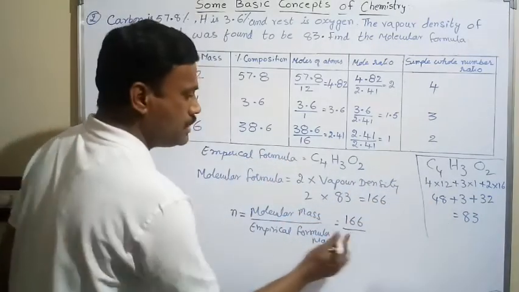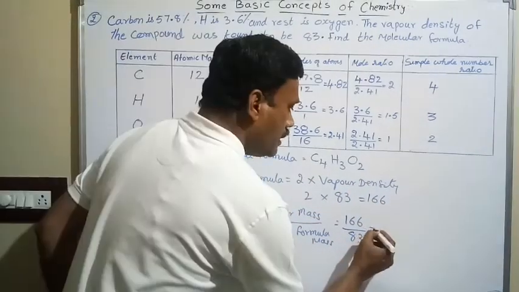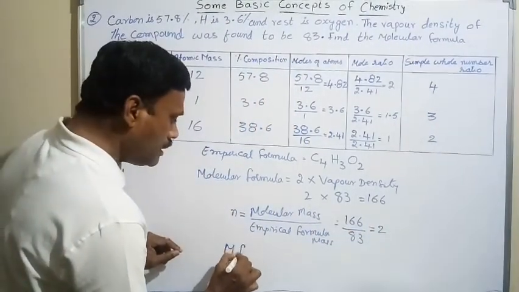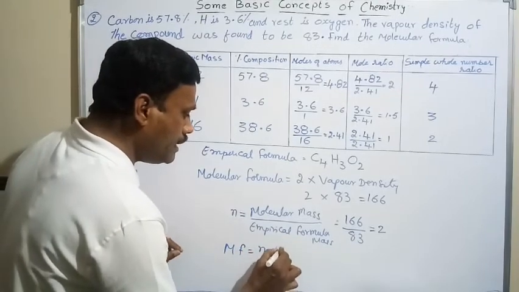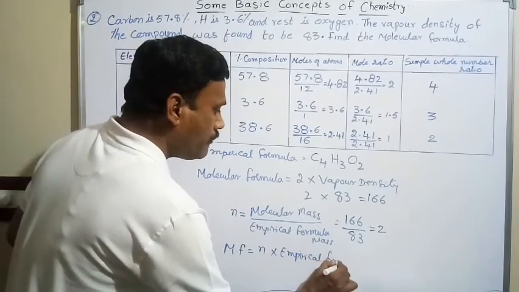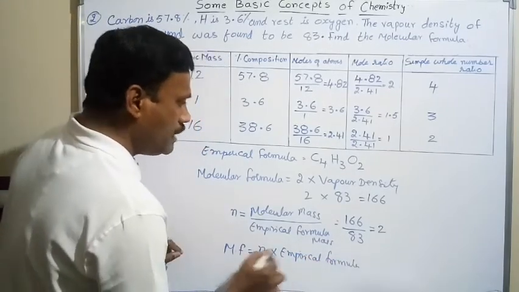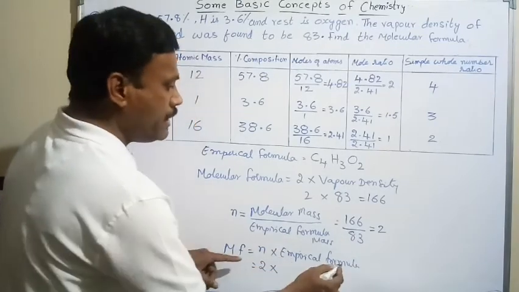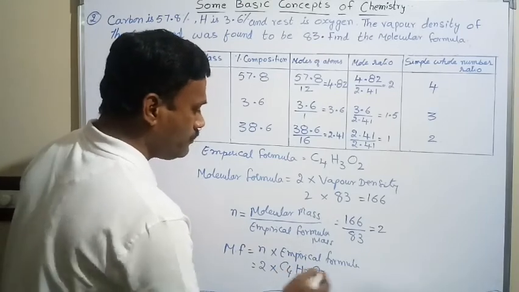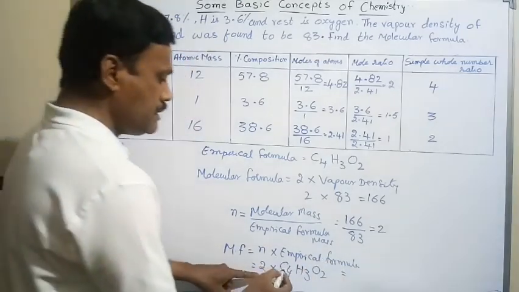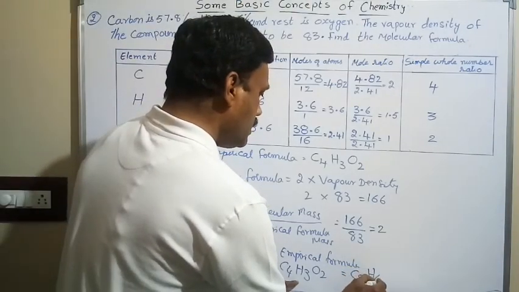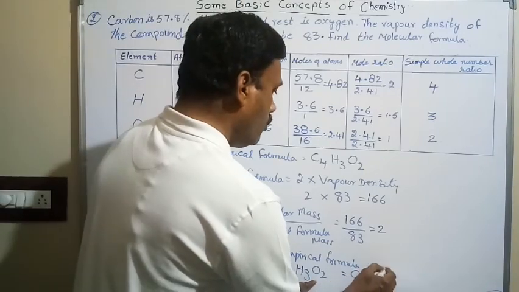The empirical formula mass is 83, so 166 divided by 83 gives 2. The value of N is 2. So the molecular formula is N into the empirical formula, 2 into C4H3O2, which is C8H6O4.